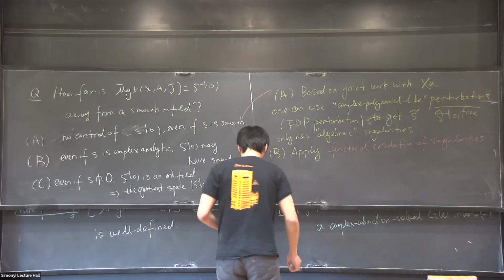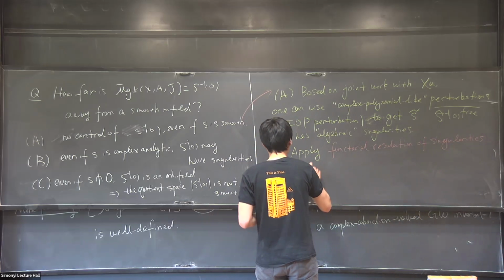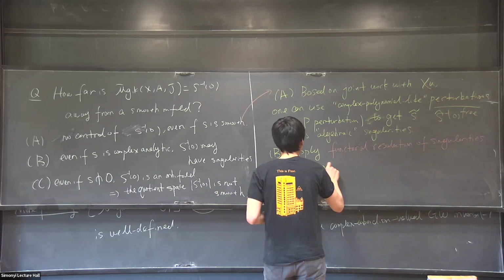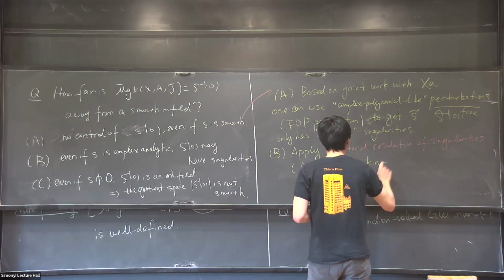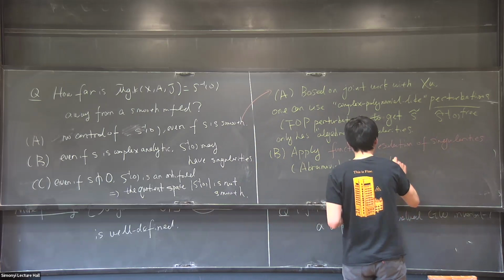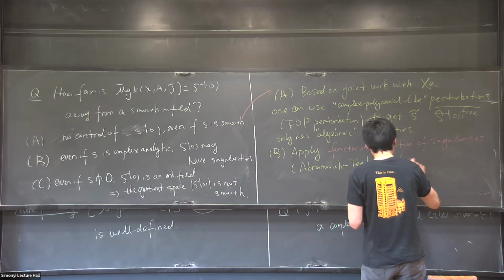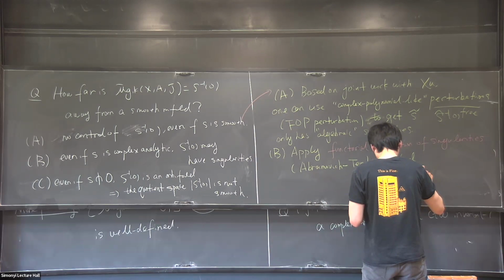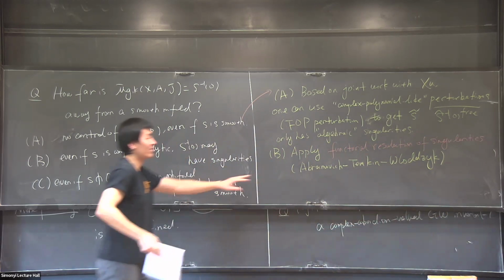And I'm referring to the recent work of Gromov-Witten, Temkin, and the Polish guy, a famous mathematician whose name I can never pronounce or spell right. Something like this. So they have a paper.